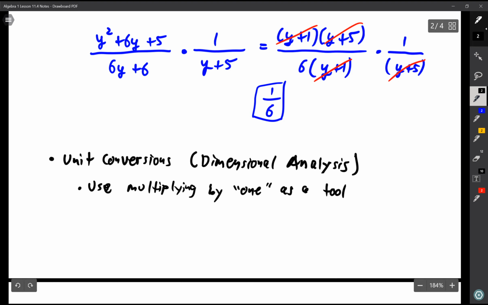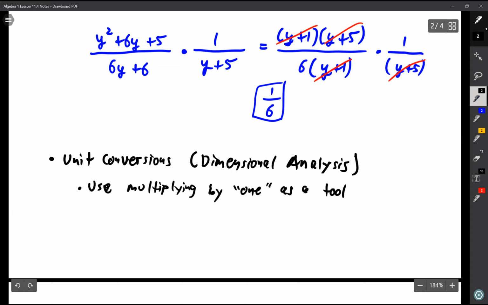If what's on top equals what's on bottom, this equals 1. And I can multiply without changing the quantity of what I'm dealing with, right? In other words, if one person said, I was out of state for 1 week, and another person said, I was out of state for 7 days. Did those two people spend an equal amount of time out of state? Yes. They're just expressing it in two different ways.